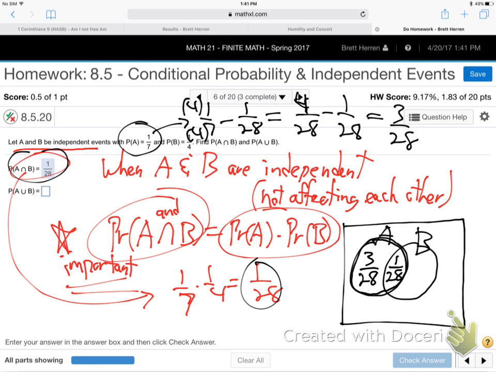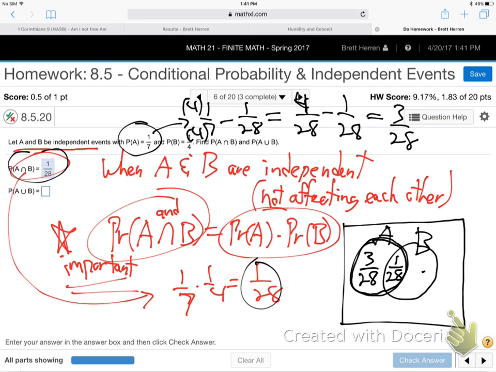Can you find the other B part? Go ahead and try to find what's out there in the B part. Is that what it is? It's going to be, yeah, right.